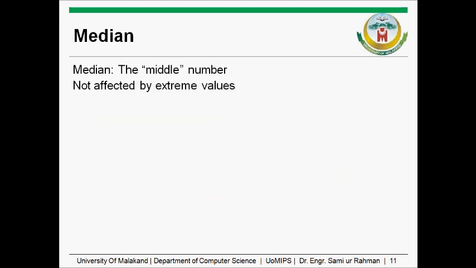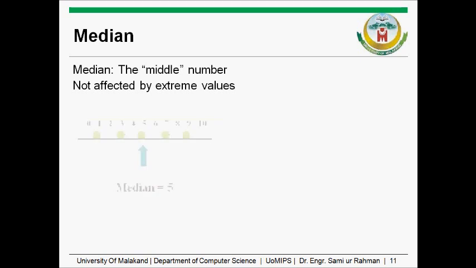Okay, and then median. So median is not the average value, it's not the mean value, it's a straightforward middle value of the samples. You have to sort the given values, then half the values on one side, half on the other side, and the mid value is considered the median.